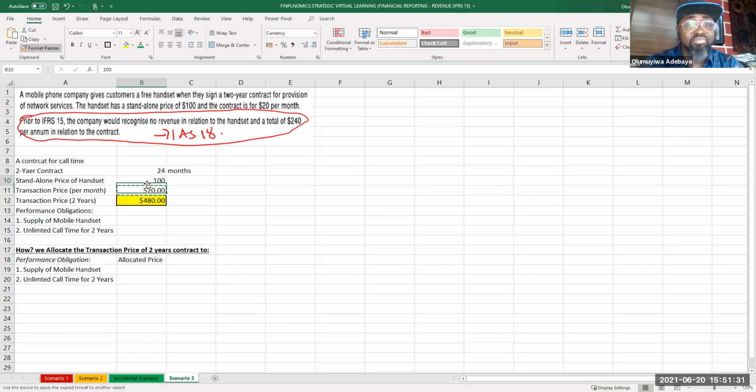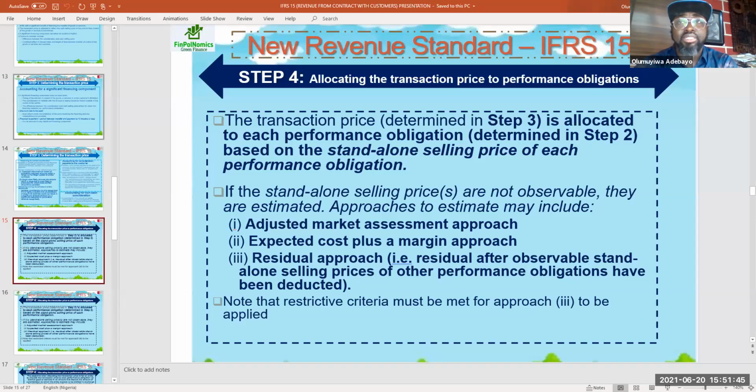We don't have the standalone price of the call time. Which methodology out of the 4 methodologies? Standalone price methodology, since it's not observable for the 2 performance obligations, it's only observable for 1. Which one can we use based on available information here?